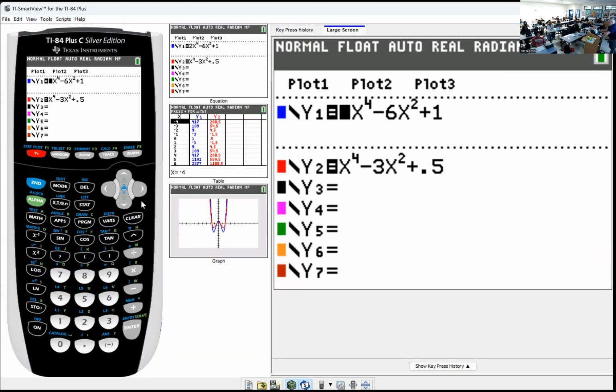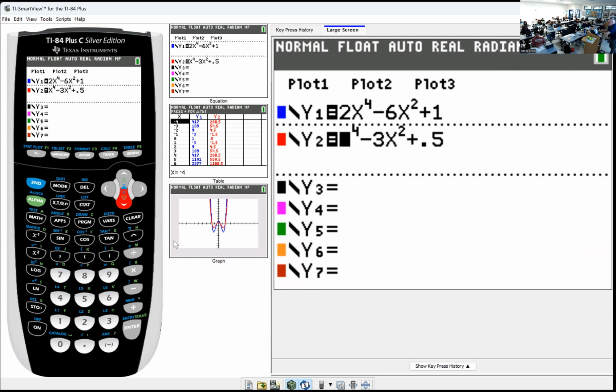Well, I'm going to get rid of this one because it's kind of cluttering things up, so let's replace it with this one. 2/81. And I'm just going to put parentheses around it because that makes me feel better.